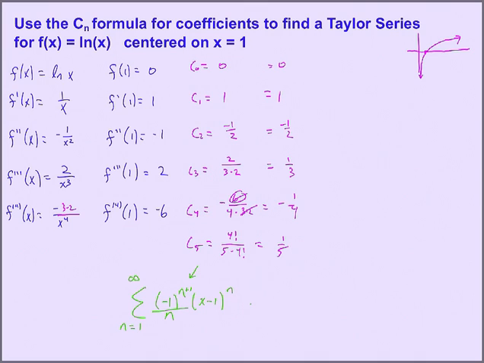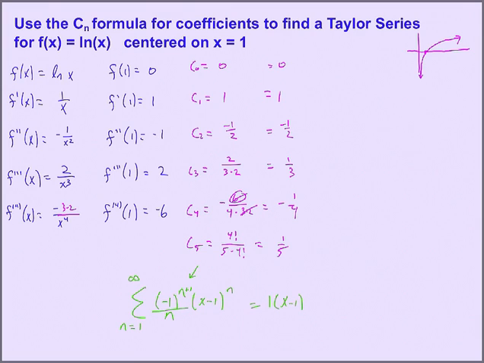And if we just follow this pattern, we'll see that it matches the coefficients we did in pink. The first term when n is 1 will be negative 1 to the 2nd power, so that's positive, over n. That's just a 1, times x minus 1. Right, there's that 1 there, which we just figured out.